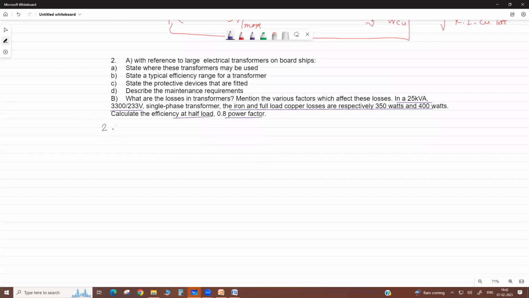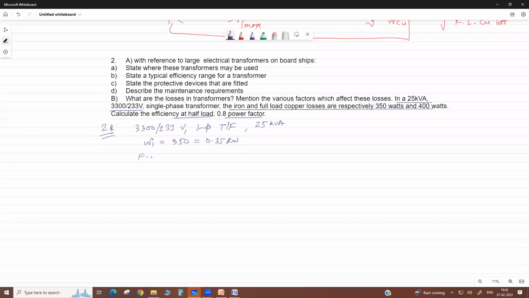Here in the second B, iron losses are given, and it is 25 kVA. Iron loss is 350 watt, or 0.35 kilowatt. Then the full load copper loss.